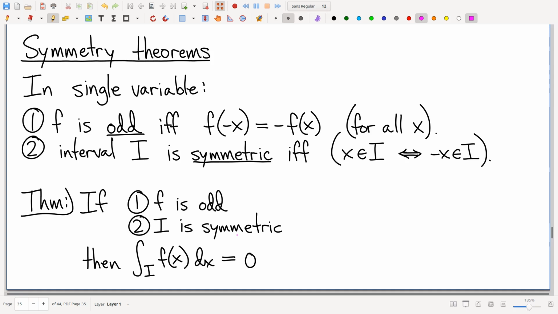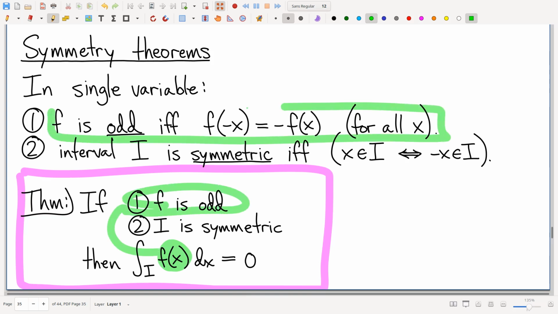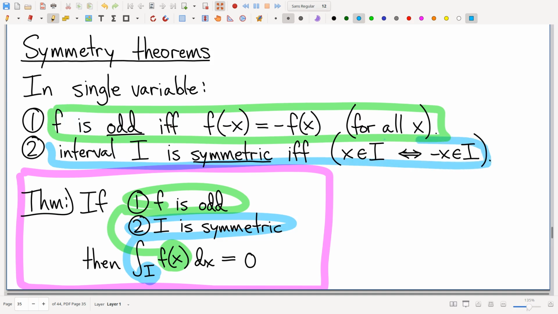So we're going to segue into this by flashing back to single variable calculus. You may recall this theorem down here that says that if you have an integrand that is odd, and don't forget this is what odd means, and if you have a domain that is symmetric, and there are different ways to think about what symmetric means.